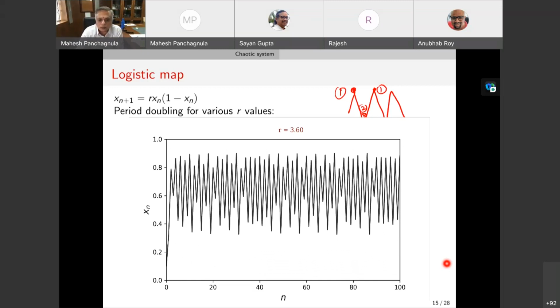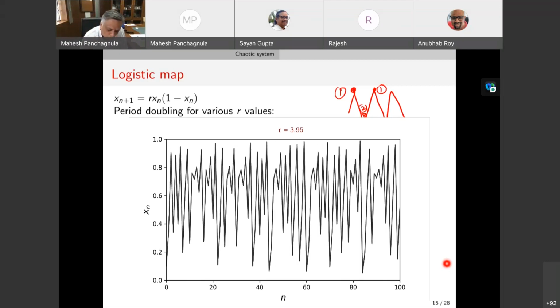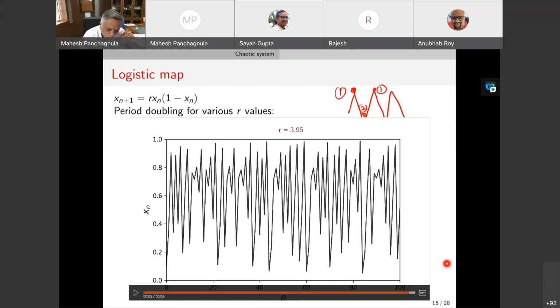You see 1, 2, 3, 4, 5, 6, 7, 8. So there is a repeating pattern. But beyond a certain point, it goes into a fairly unpredictable final outcome at the end of 100 iterations. So there is no pattern to this.